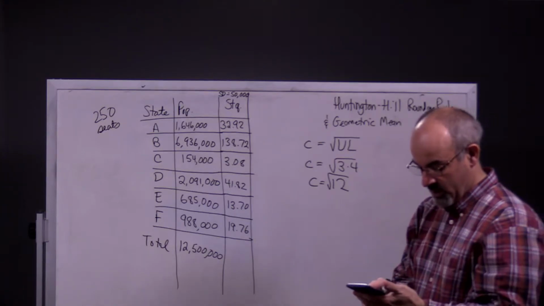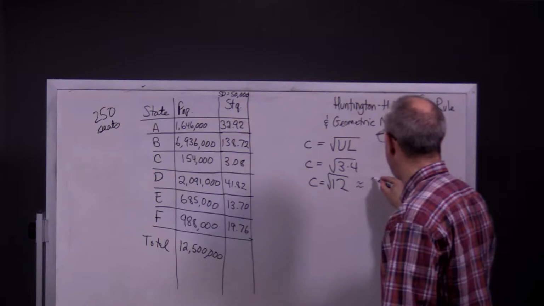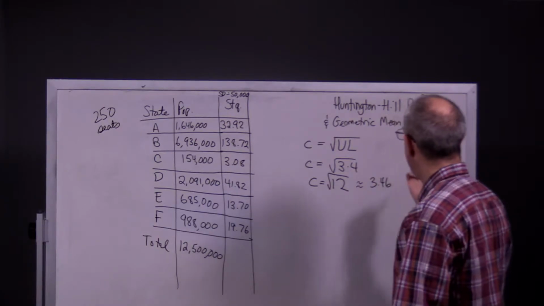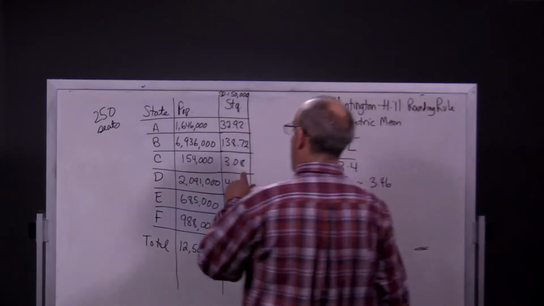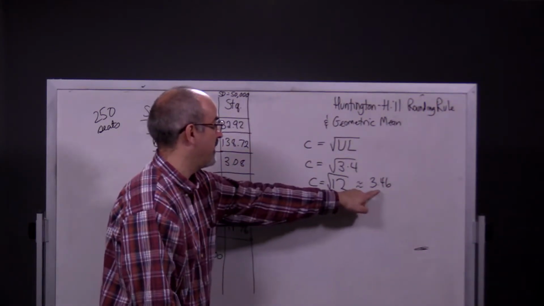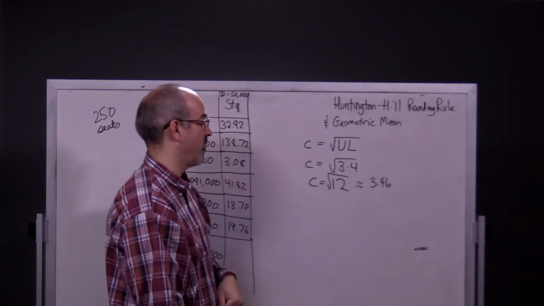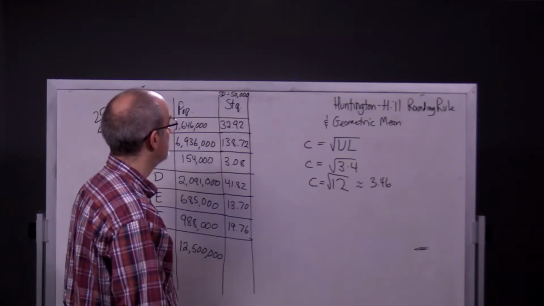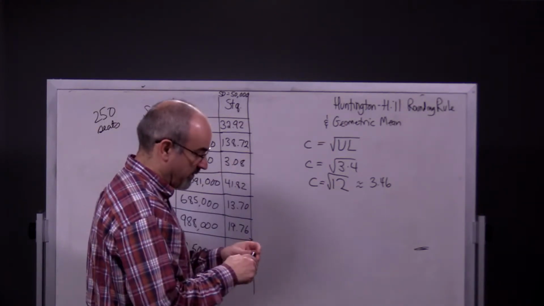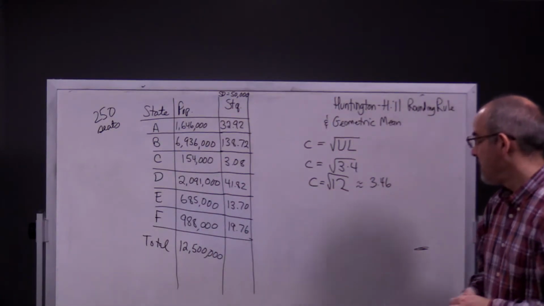It is 3.4641 approximately. I'll just write 3.46 because it's approximate anyway. So if this number is below that, you'd round down. If this number was above 3.46, you'd round up. Well, this is below it, so you'd round down. So that's the only difference between this method and Webster's method.